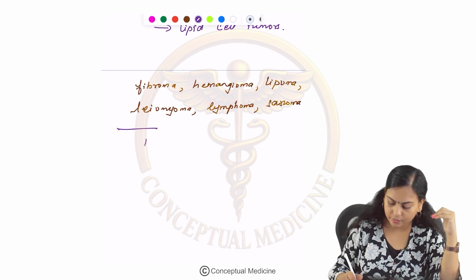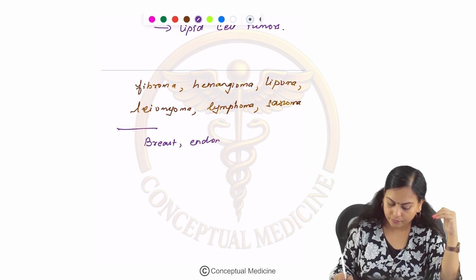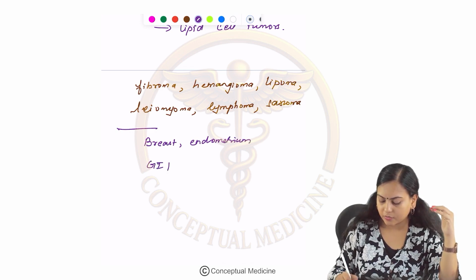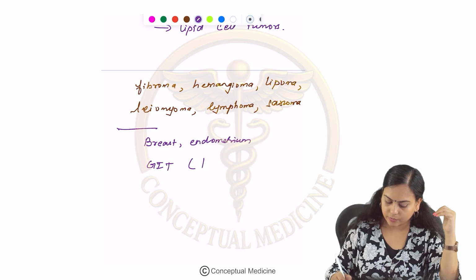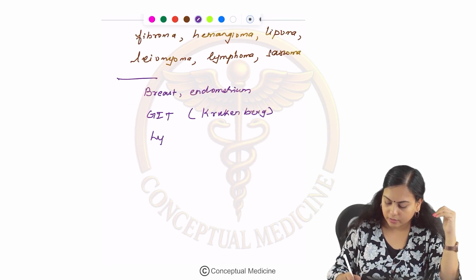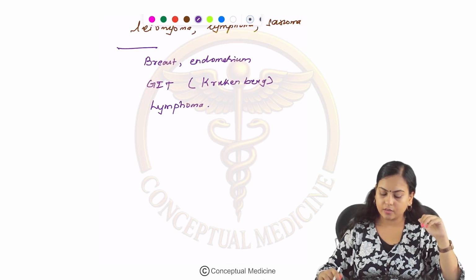So this can arise from, already we have seen breast, endometrium. Okay. Some of the tumors can even metastasize from the gastrointestinal tract. Then it will be called as Krukenberg tumors, and also, yeah, lymphoma can also metastasize to the ovaries, right?